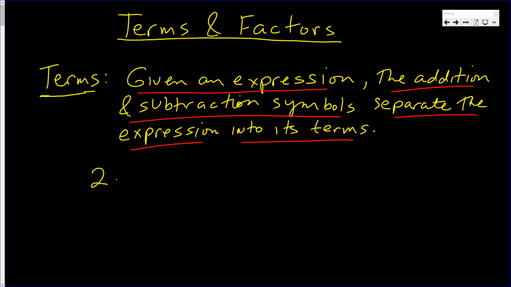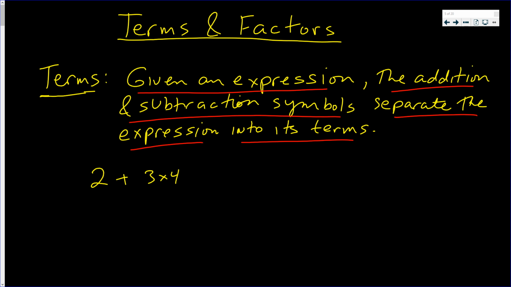So if you have 2 plus 3 times 4, some people may say, well, this is easy. 2 plus 3 is 5, and 5 times 4 is 20. And there's absolutely nothing wrong with what I said. 2 plus 3 is 5, and 5 times 4 is 20.